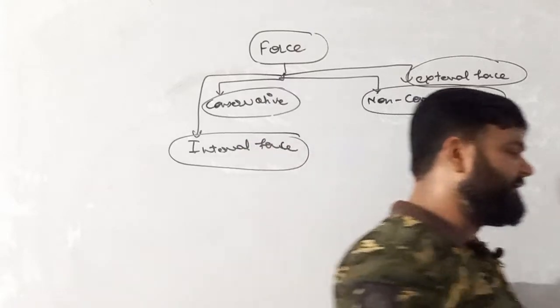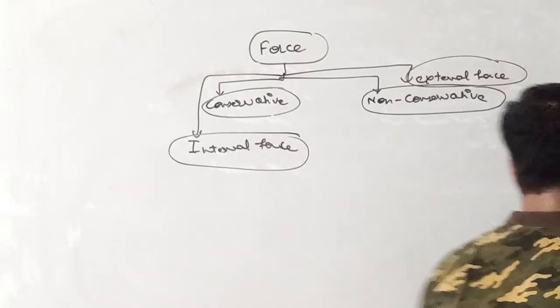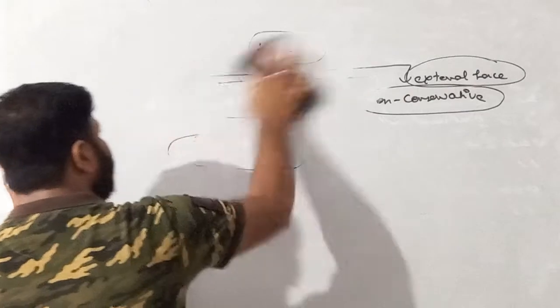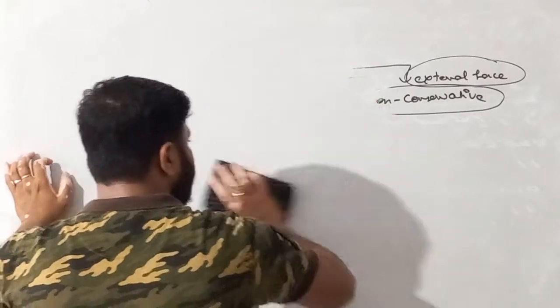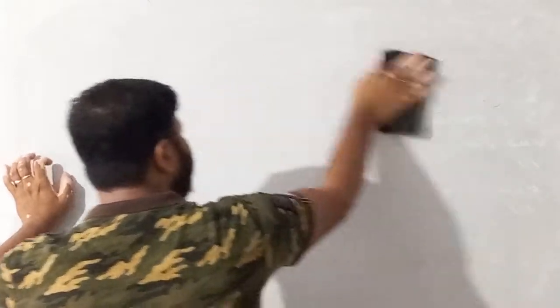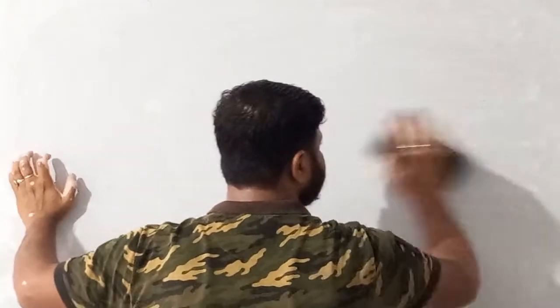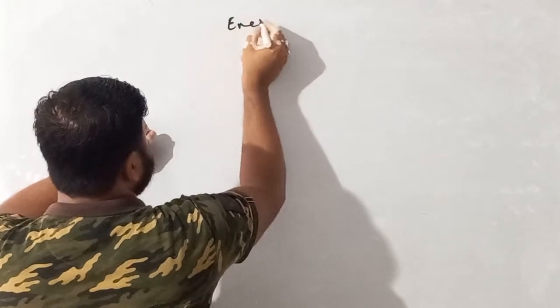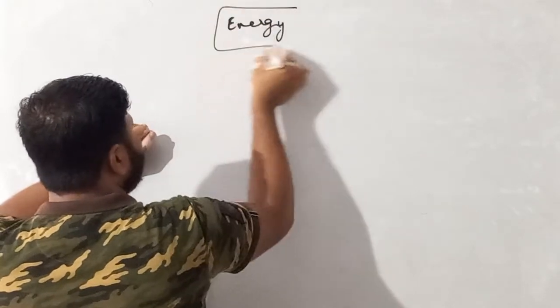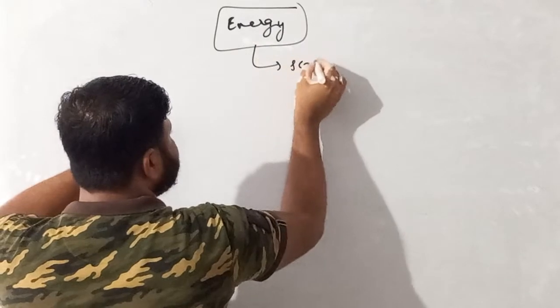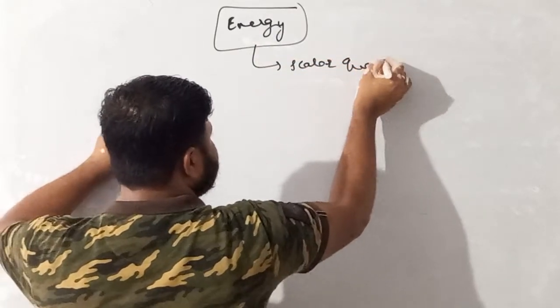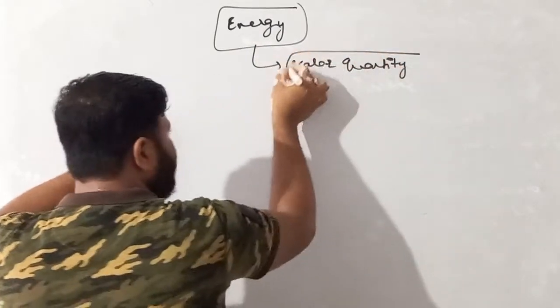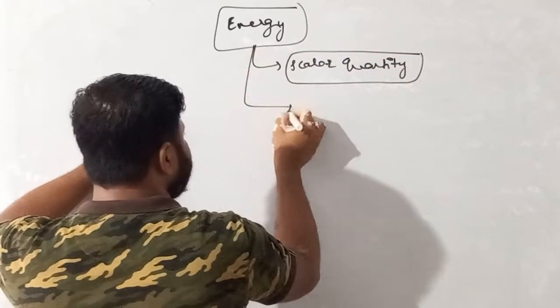So moving forward, my dear students, write down energy. Energy is basically a scalar quantity. There is no direction of energy. First of all, we'll talk about energy. The first thing about energy is that it is a scalar quantity which only has magnitude but not direction.